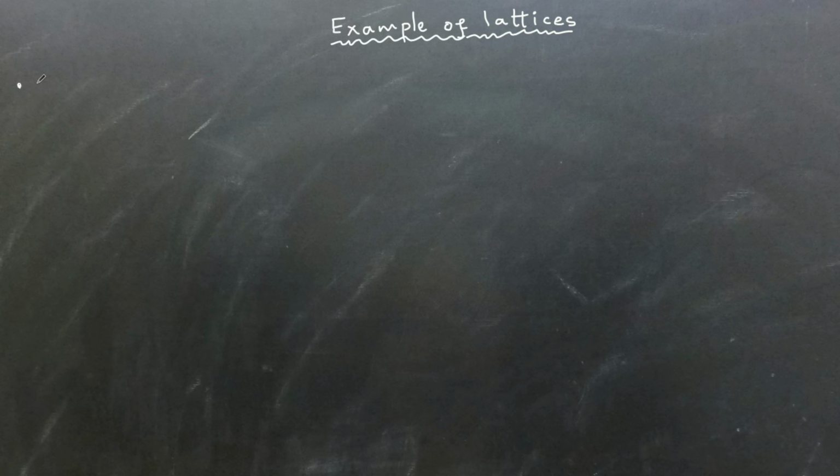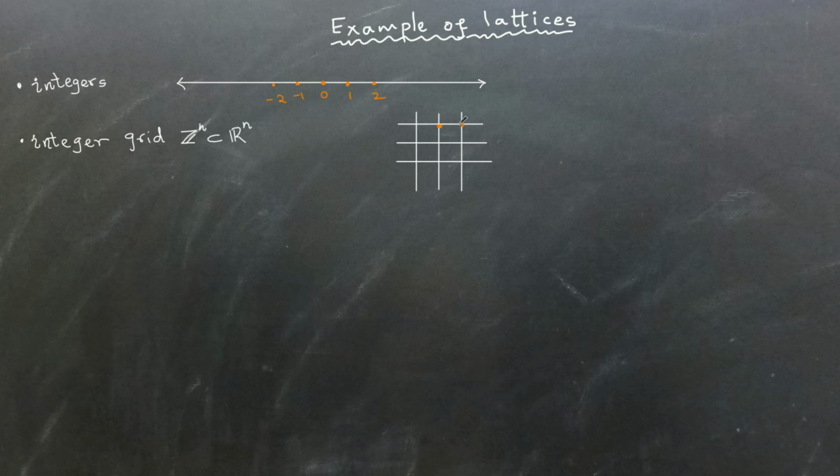The integers form a one-dimensional lattice. And the integer grid is an n-dimensional lattice. If a given lattice is scaled by any real number C, the result is also a lattice.